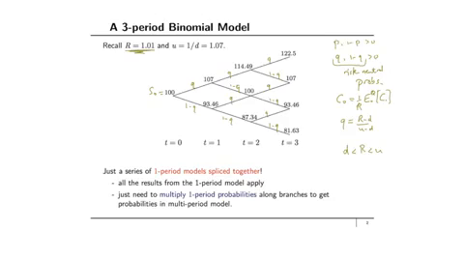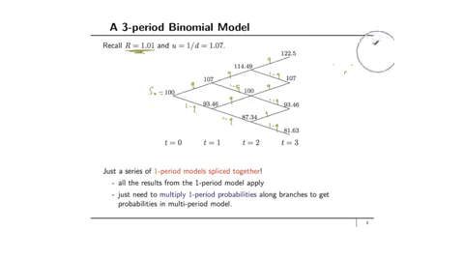Well, let's create some space here and let's get rid of this stuff. Okay, let's compute the risk-neutral probabilities, let's call them Q, of arriving at each of these terminal security prices.